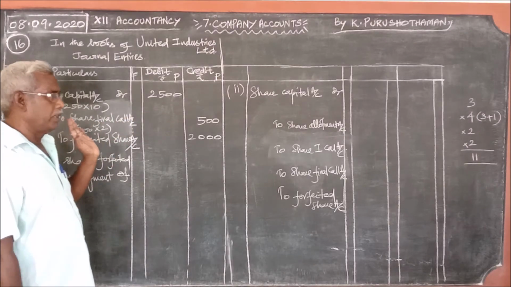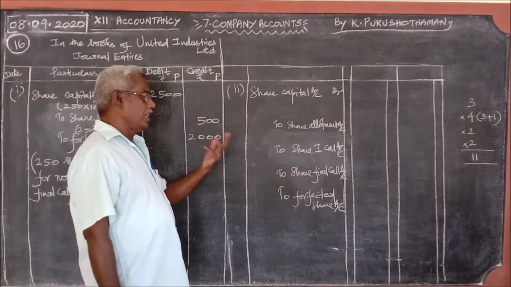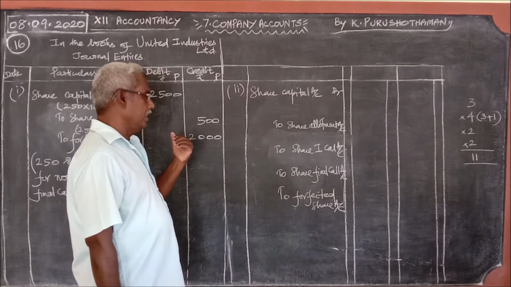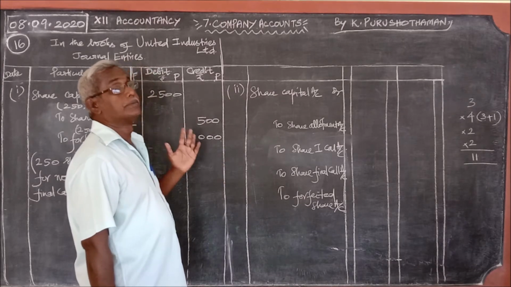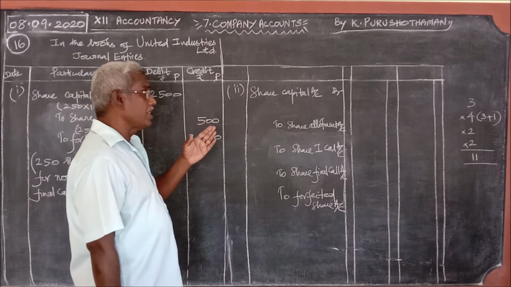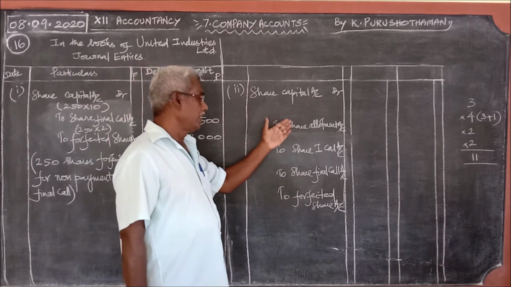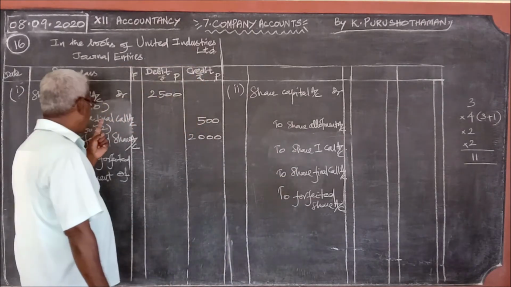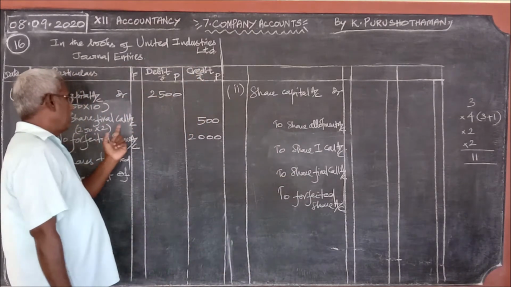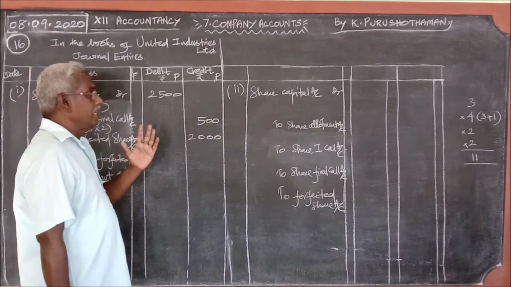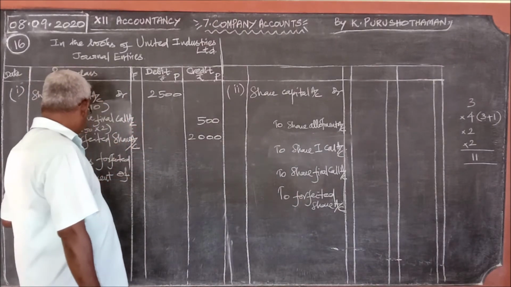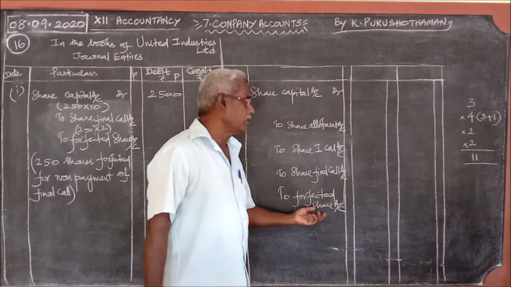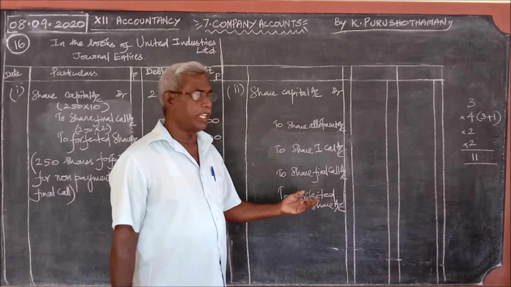But in this problem, allotment not paid, first call not paid, and final call also not paid. So 3 stages not paid, therefore we have written 3 accounts here. Here only 1 stage not paid, therefore we have written only one. And always in all the problems, the last one must be the forfeited share account.